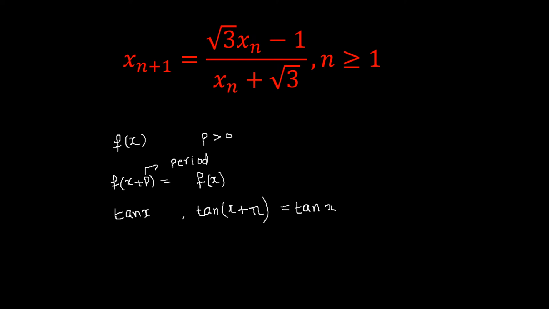Now we come to our question. We have a sequence, and I can write x_{n+1} by dividing by √3, so we get (x_n - 1/√3) over (1/√3 x_n + 1)... I hope there is no confusion, because we are just dividing by √3 in the numerator as well as in the denominator.